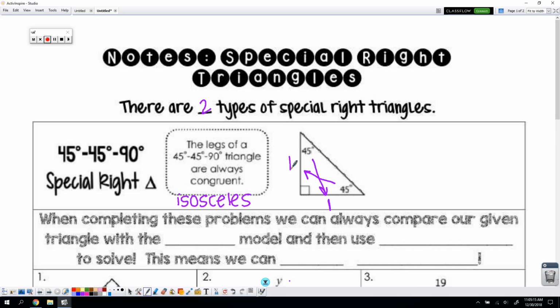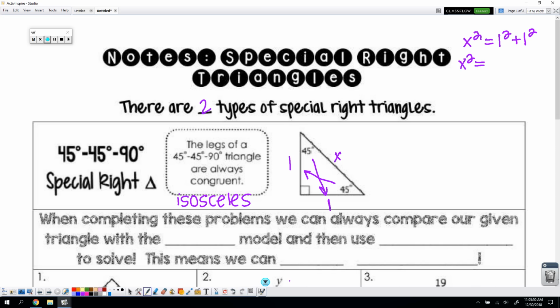Now, to figure out what our hypotenuse is, we can use something we learned last unit. Last unit, we learned about trig and the Pythagorean theorem. Which of those should we use here? Correct, we should use the Pythagorean theorem. Our hypotenuse squared, x squared, equals our two legs squared: 1 squared plus 1 squared.